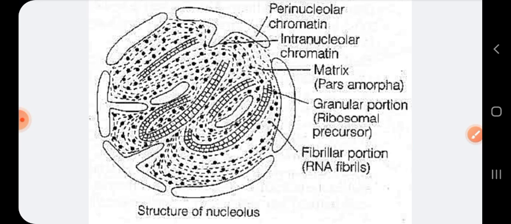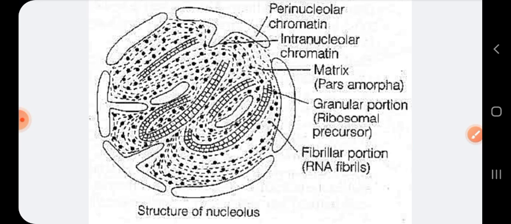It is also involved in pre-rRNA processing and ribosome subunit assembly.